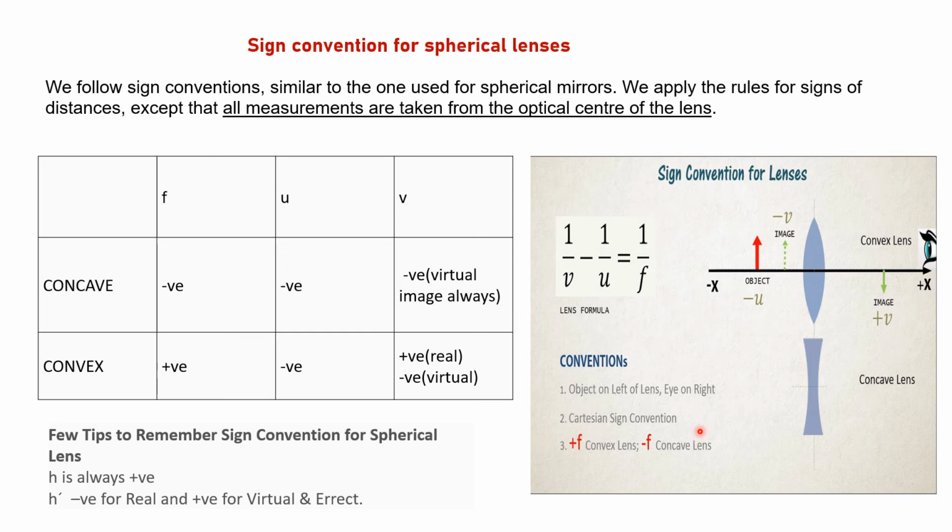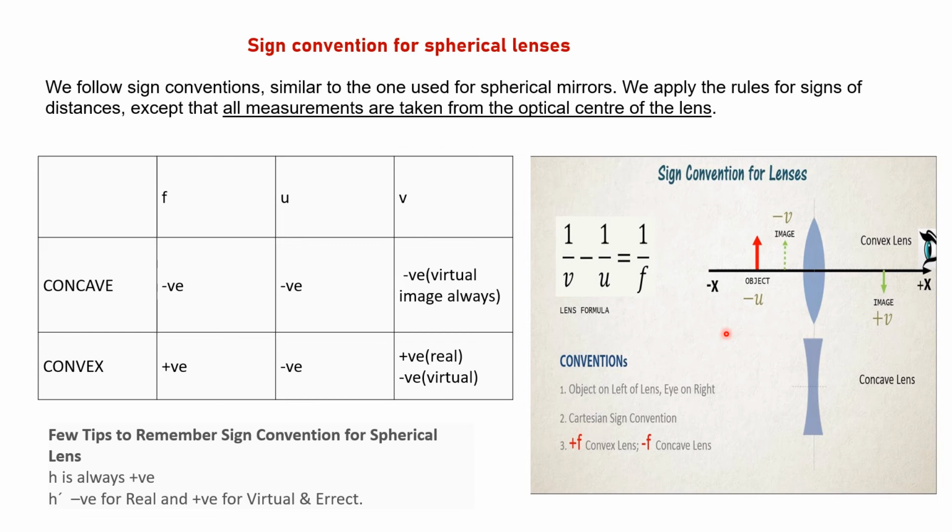Now in case of convex lenses, the focal length, if you remember, was from the optical center to the F2, which is on the right side. So definitely this is positive. Focal length in case of convex lenses is positive, whereas focal length in case of concave lenses is negative. That is the only difference.